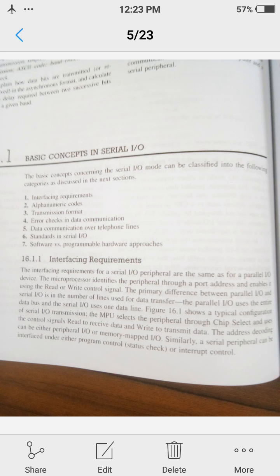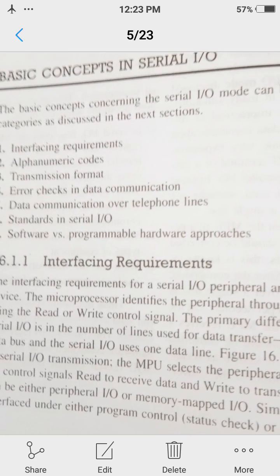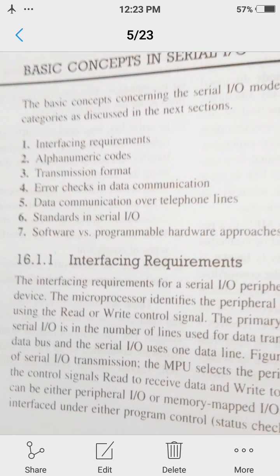Now we come to the basic concepts of the serial IO mode, and you can see on the screen that the basic serial IO mode can be classified into the following categories. First one is the interfacing requirement, then alphanumeric codes, then transmission format, error checks in the data communication over telephone lines, the standards in serial IO, and software versus programmable hardware approaches.